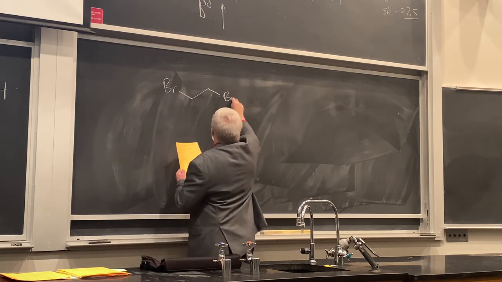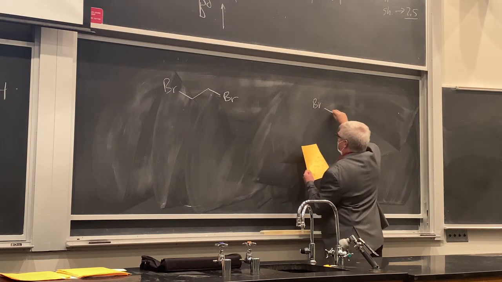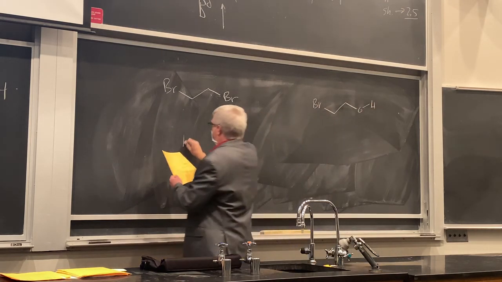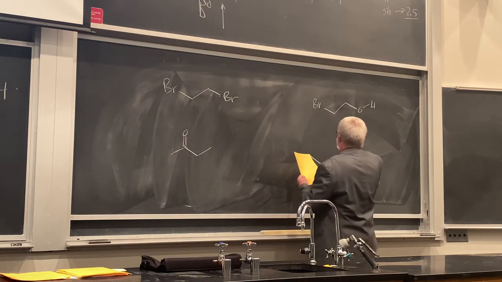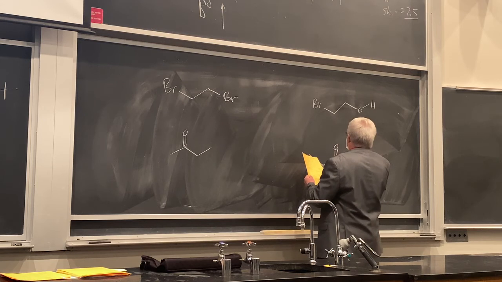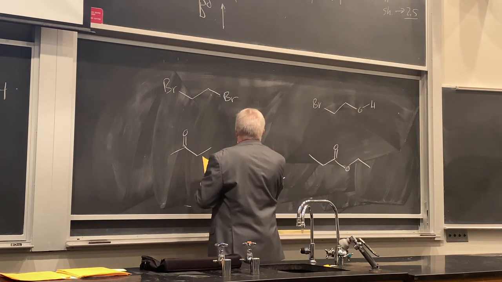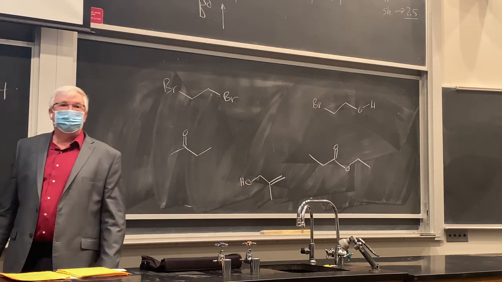What would the spectrum look like for that? What would it look like for this? And this? And this? And this? See if you can assign what the shifts might be.